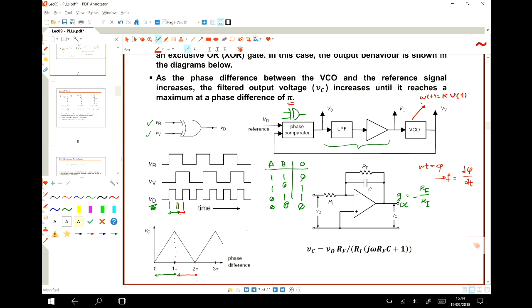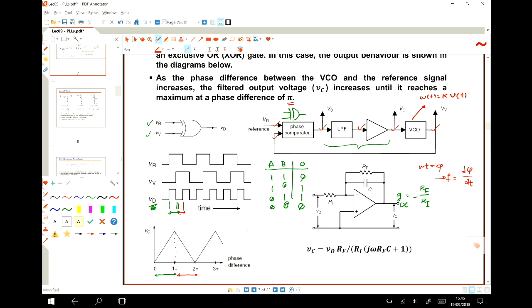The output frequency changes by changing the input voltage. So in this loop, here is voltage, here is voltage, here is voltage, but here is phase, and here is phase, and here is phase. So it's not always voltage; this portion is phase.